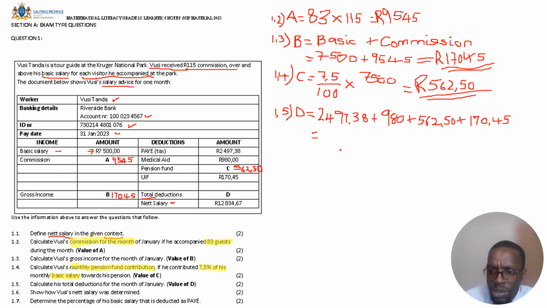If you add all those figures, your answer in rand terms is going to be 4,210.33. Okay, so this is the value for D, our total deductions.